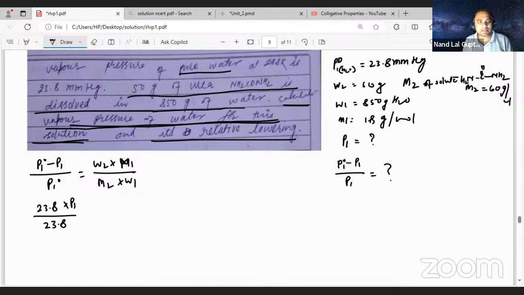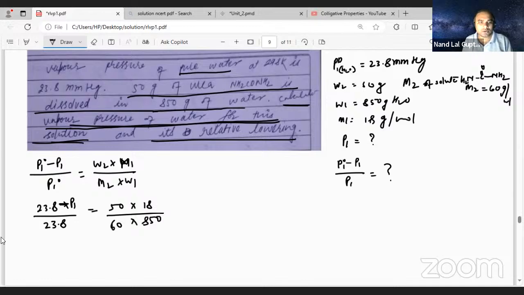W2 is 50 gram, M1 is 18 gram, M2 is 60 gram, W1 is 850 gram. Now solve this one.